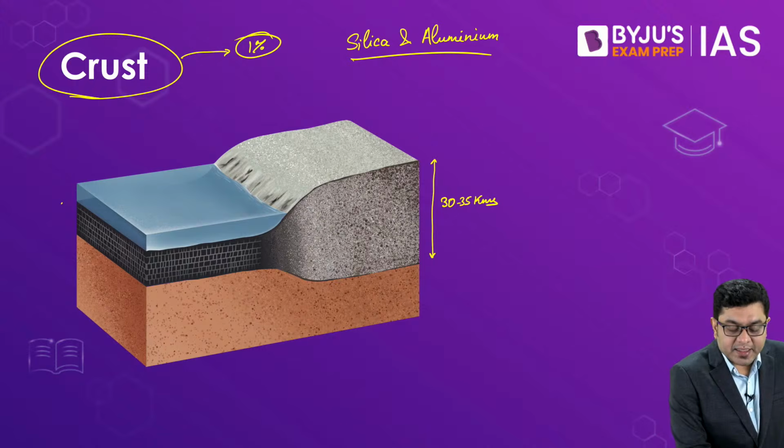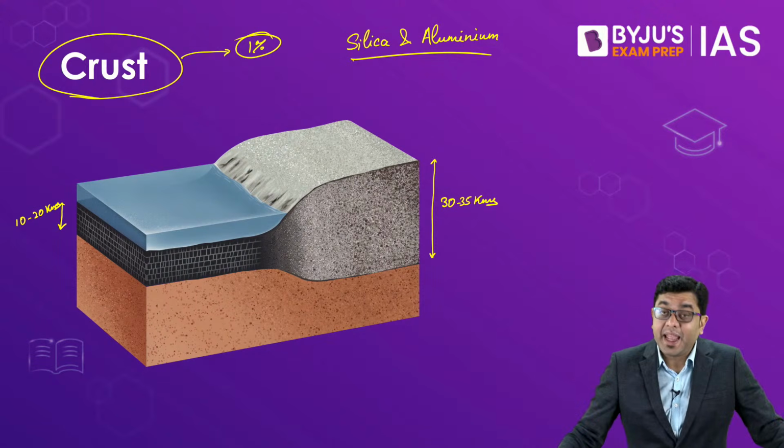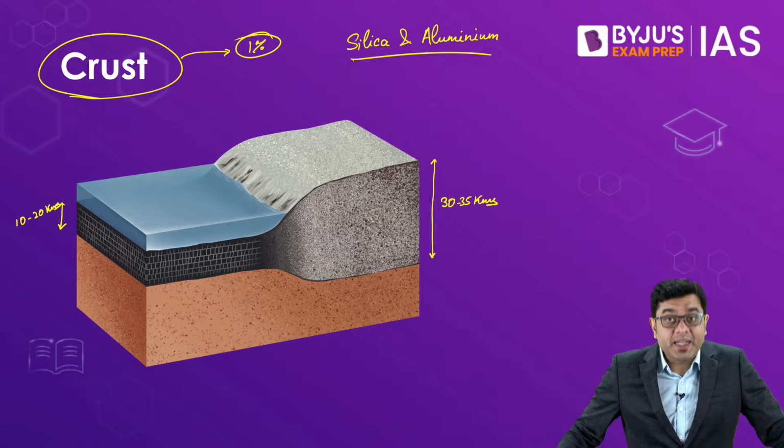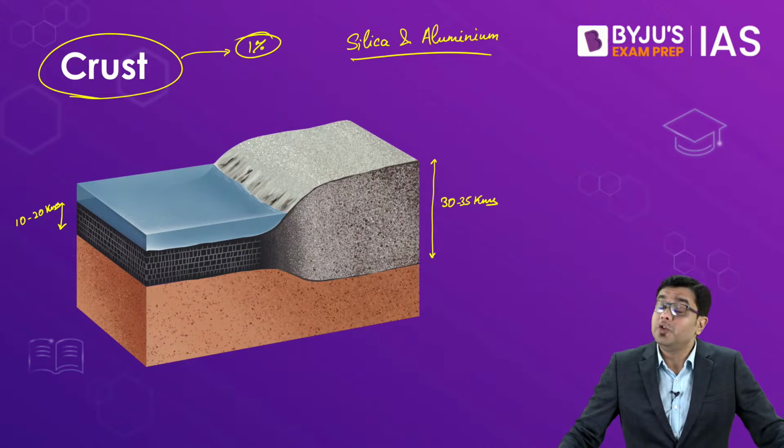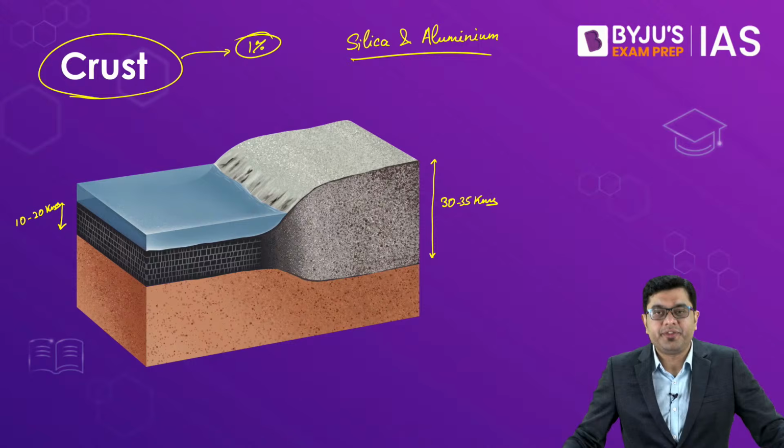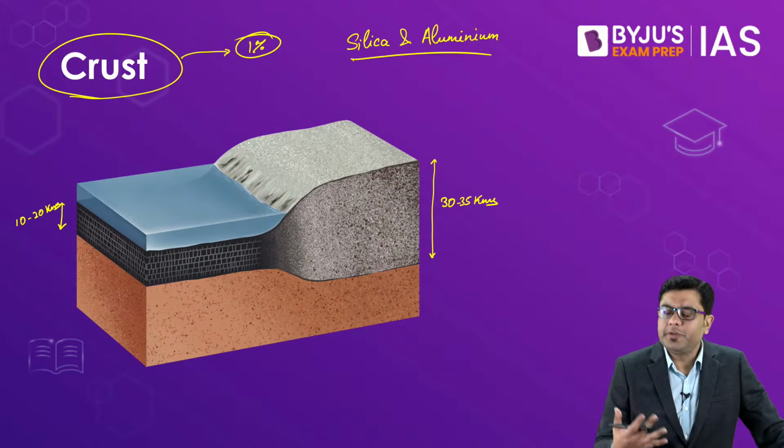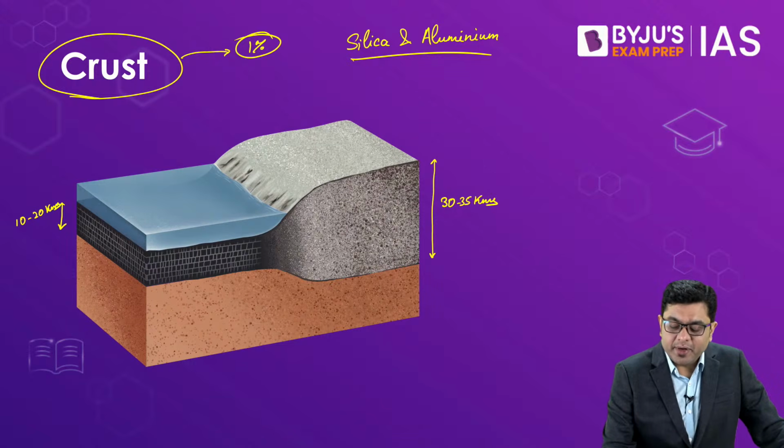Here the crust has a thickness of roughly 10 to 20 kilometers at max. But because of the materials present, the density is different. In the case of the continental crust, you generally have granitic rocks.